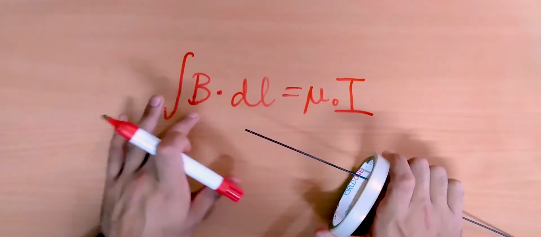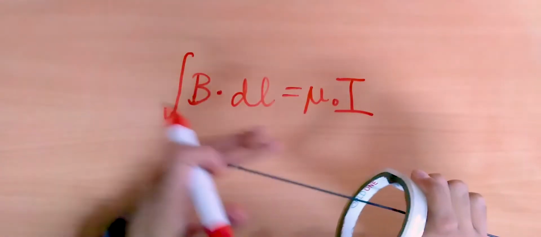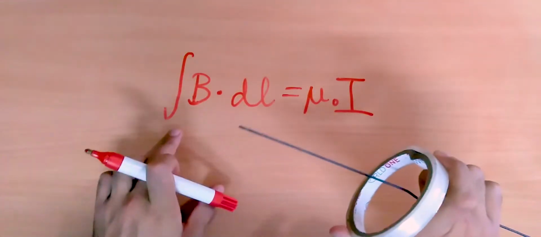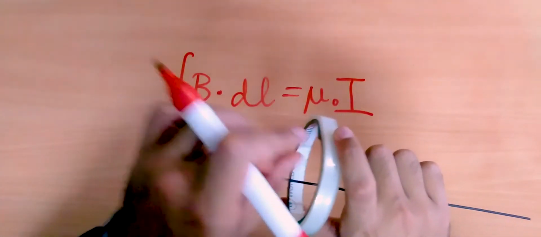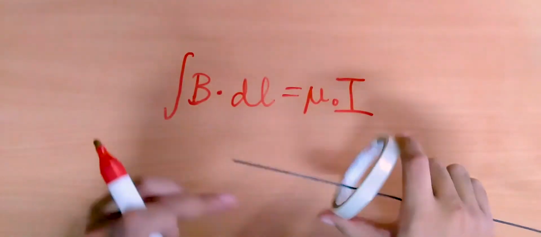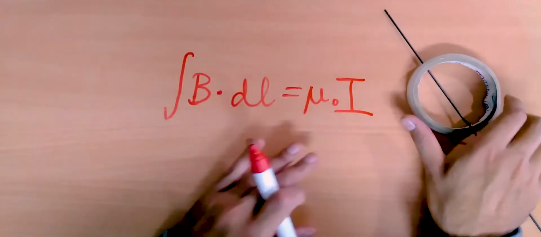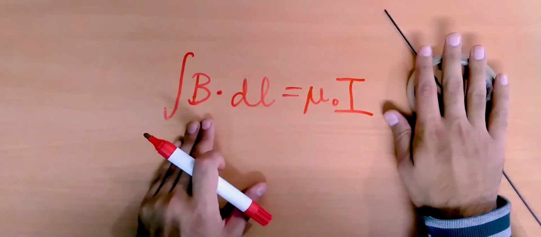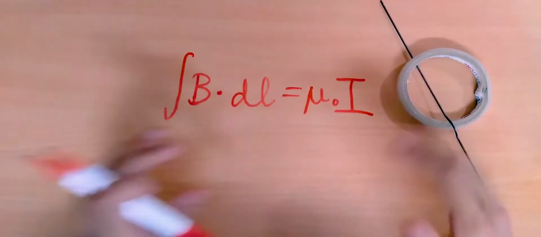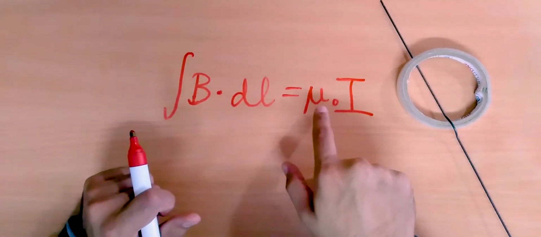The magnetic field around this loop, if I integrate that by taking small sections dl along this loop, what I get is a product of current. So this magnetic field depends on the current through the conductor, larger current, larger magnetic field, and mu naught.